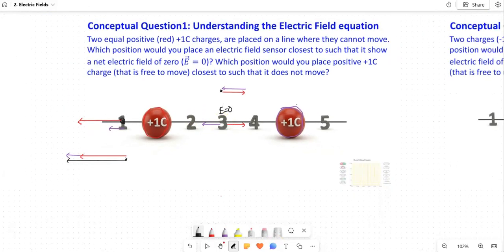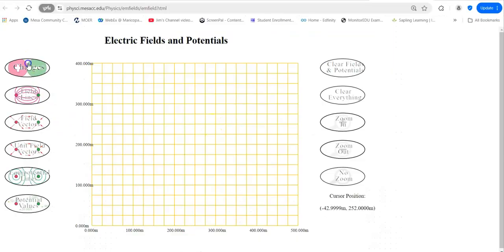And we could look at this in our little simulation. So if you get a positive 4 microcoulomb charge, and we're going to place it right here. I'm going to do my best to put it right on top of that. And then we get the same positive 4 microcoulomb charge, and I'm going to put it right here at the center.